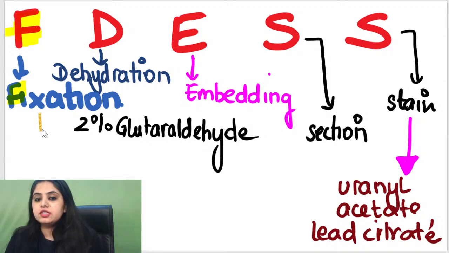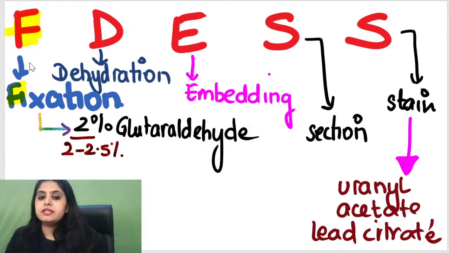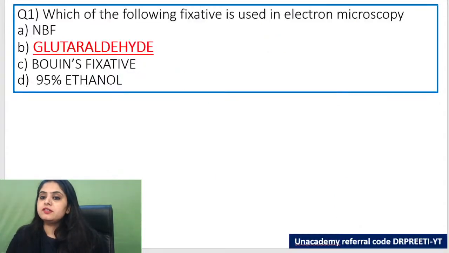What is the fixative that I use in electron microscopy? It's 2 to 2.5% glutaraldehyde. That's the range. 2 to 2.5% glutaraldehyde is the fixative. Is everyone okay with question number 1? In question number 1, I had asked you what is the fixative used in electron microscope and you had to answer glutaraldehyde.